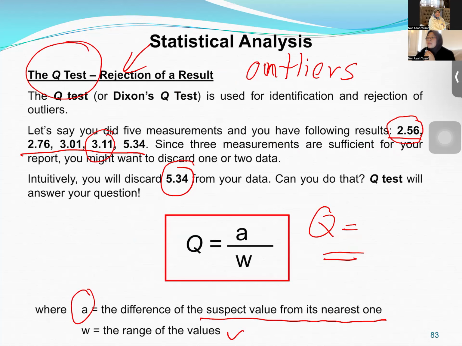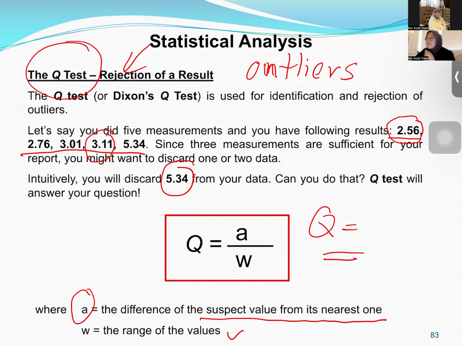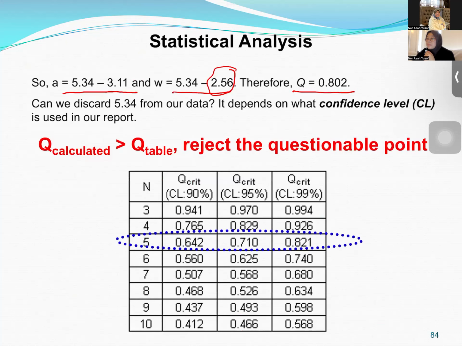The next step is to use the Q table. How do we identify the Q value from the table? We look at the number of samples. We have 1, 2, 3, 4, 5, so the number of samples is 5.